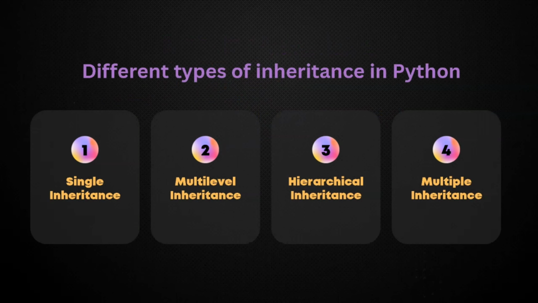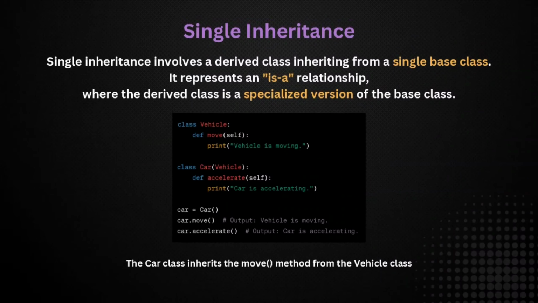Now let's understand the different types of inheritance available in Python. There are a total of 4 types: single, multi-level, hierarchical, and multiple inheritance. Let's see each one of them. Single inheritance involves a derived class inheriting from a single base class.